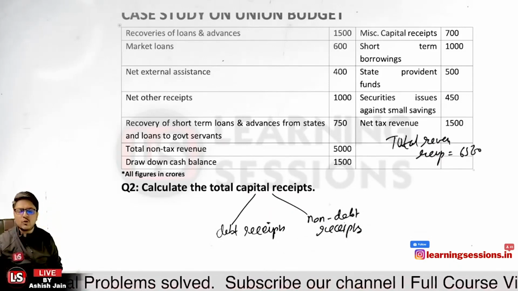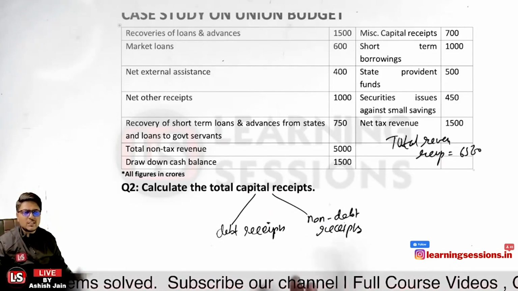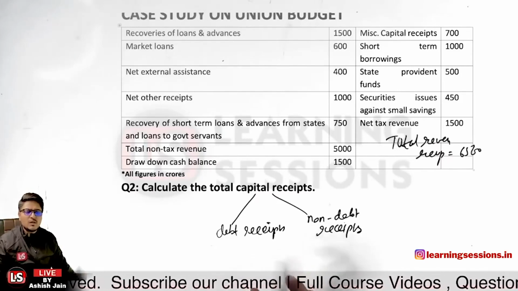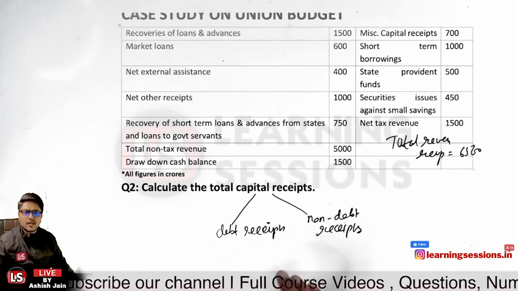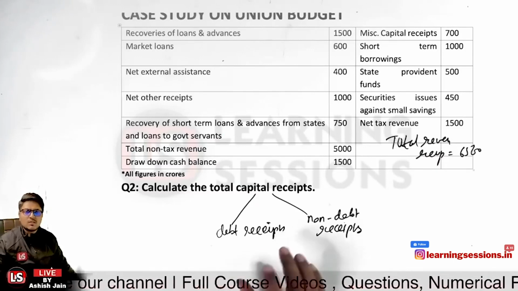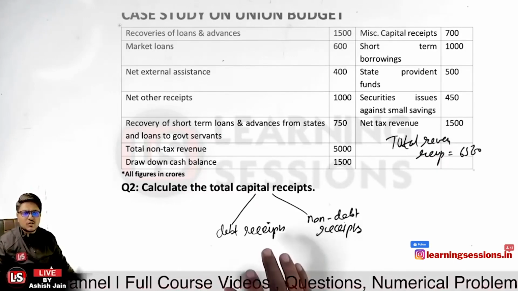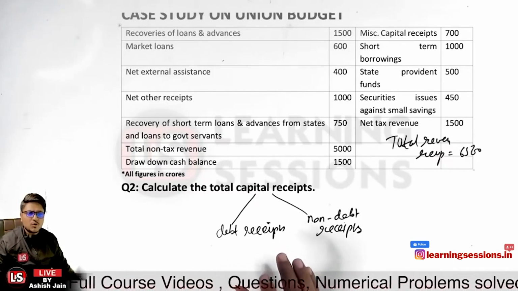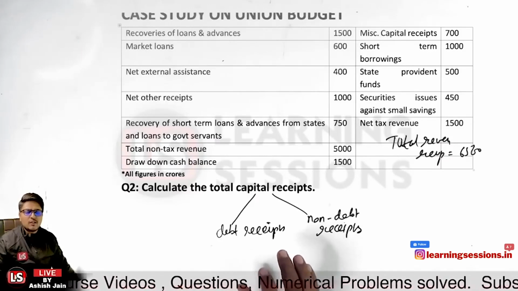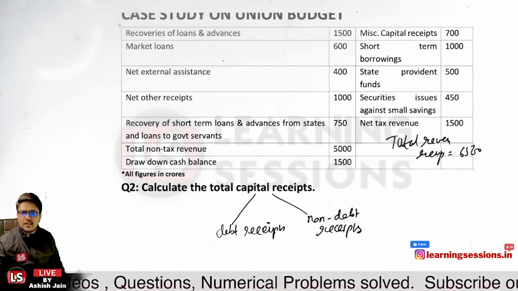And what do we mean by the debt receipts? Whatever amount has been borrowed by the government from the market in the form of market loans, or it may be some net external assistance, short-term borrowings, or the state provident fund.